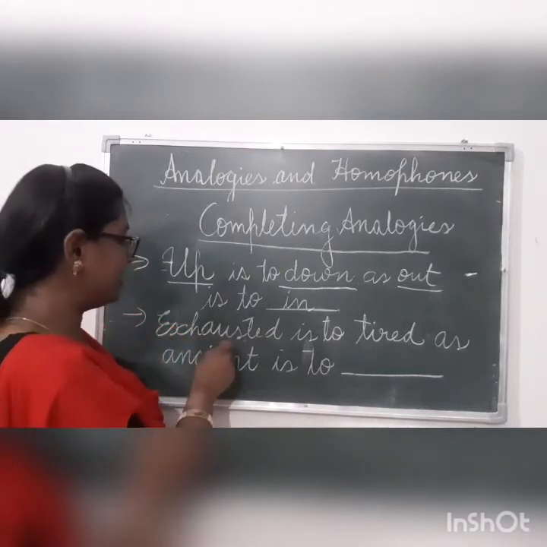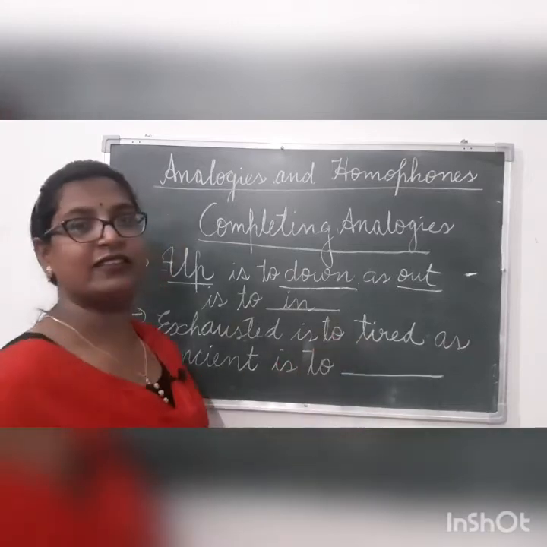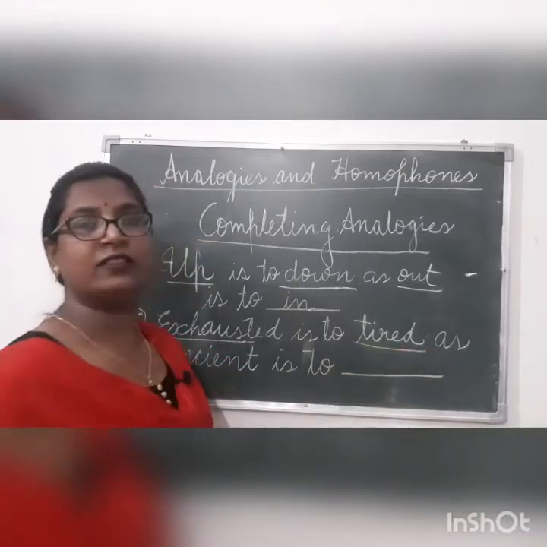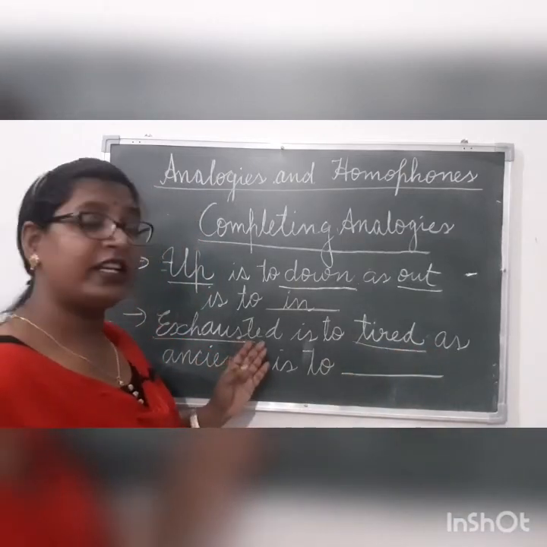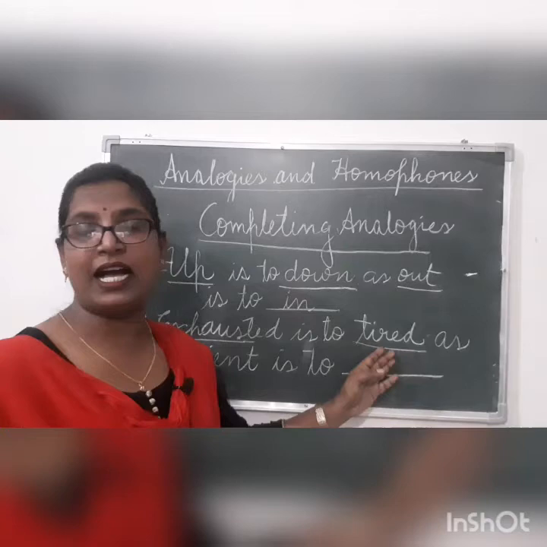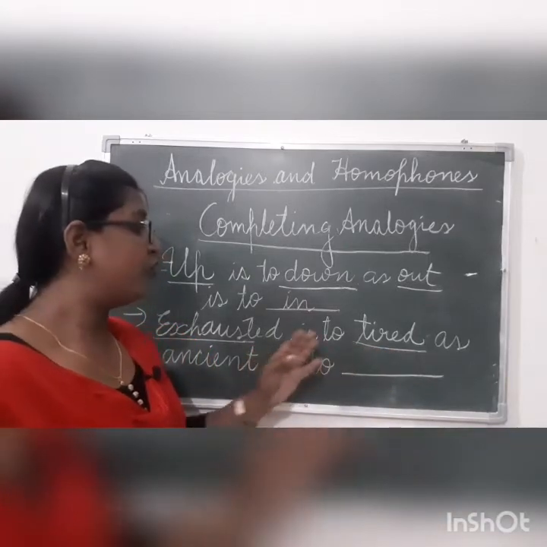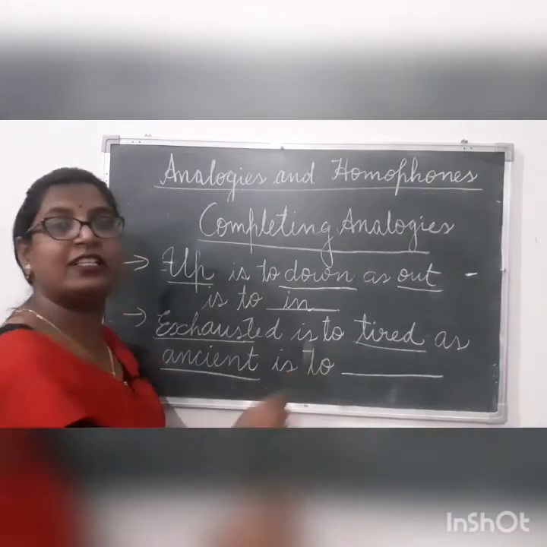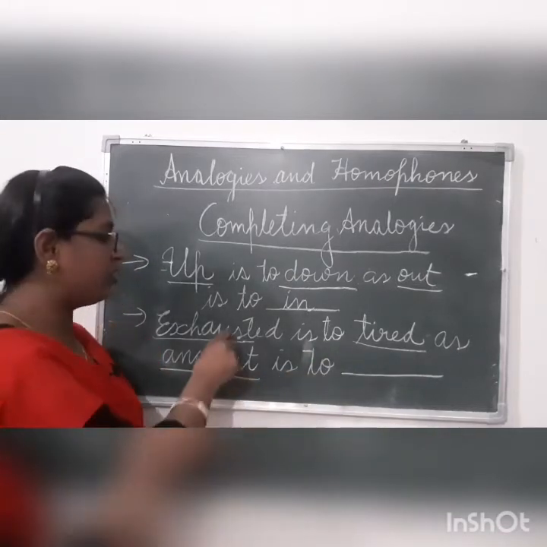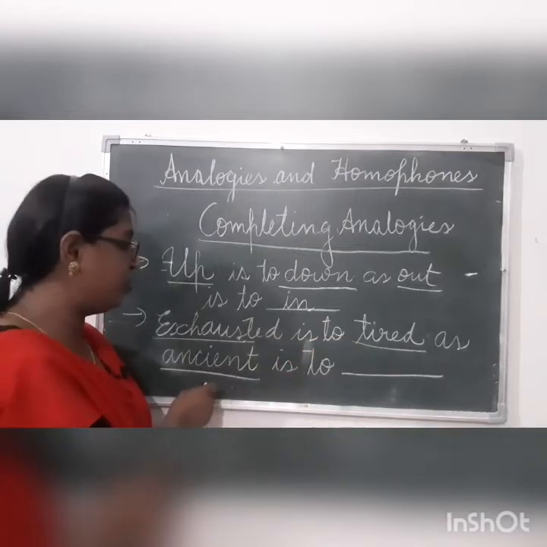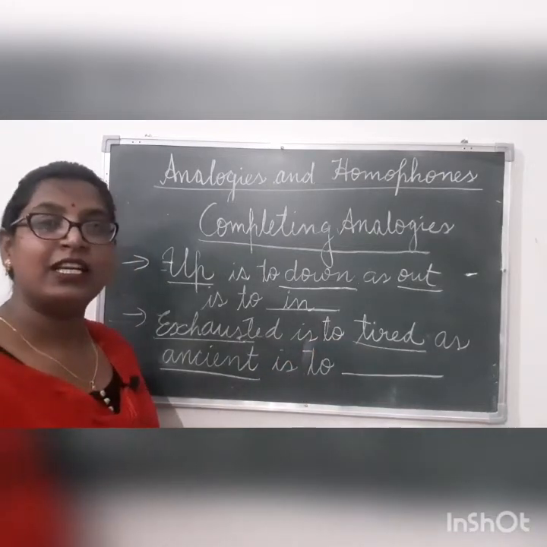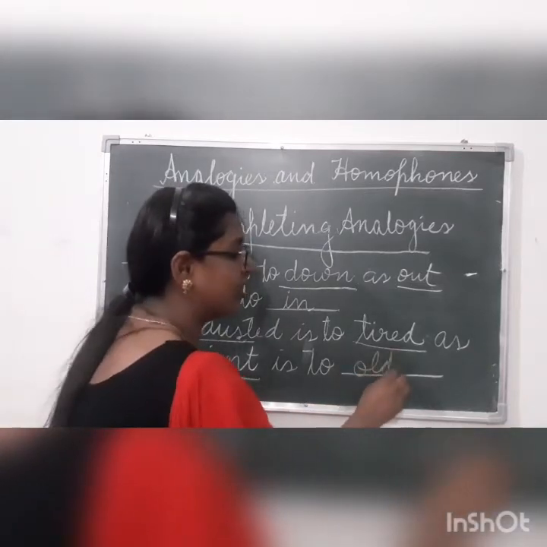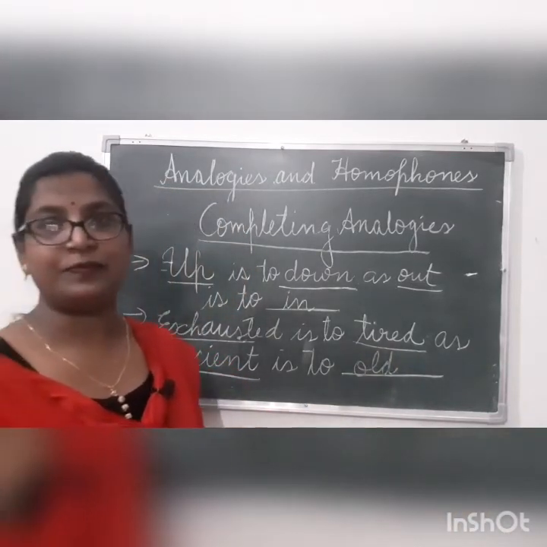The complete pair is exhausted is to tired. Here the meaning of exhausted is tired. It means we have to write the meaning of ancient to complete this analogy. So what is the meaning of ancient? Very old. So by writing the word old, we will complete this analogy.